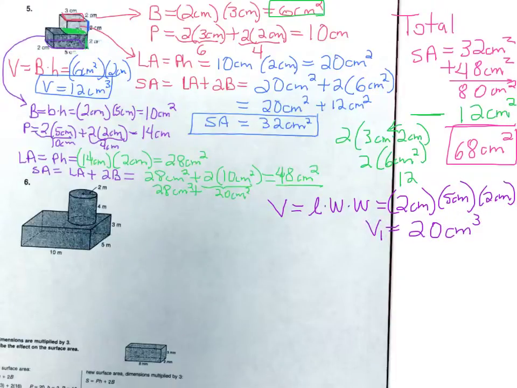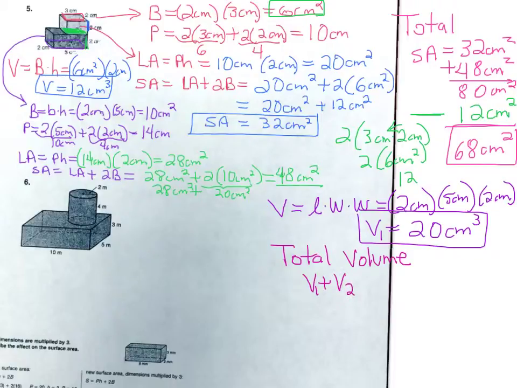So this is the volume of the bottom prism. And we had that the volume of the top prism was 12. So the total volume, let me go ahead and add that. I'm going to put it here. Total volume would be volume 1 plus volume 2, which is volume 1 is the first one that we got from the top prism, and volume 2 is the one from the bottom prism.